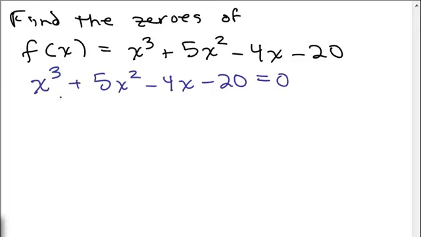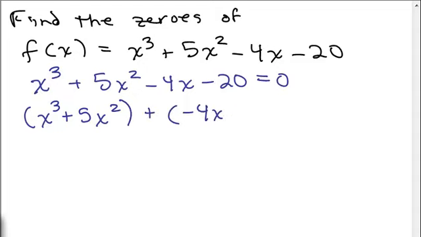This has 4 terms. I'm going to see if factoring by grouping works. So if I group the first 2, and if I group the second 2 terms, out of the first 2 terms, I could pull out an x squared times x plus 5.